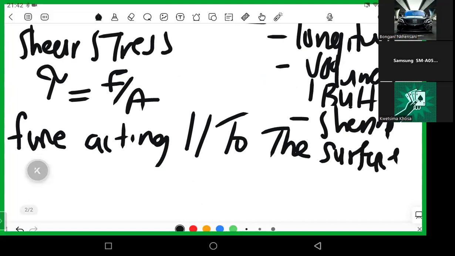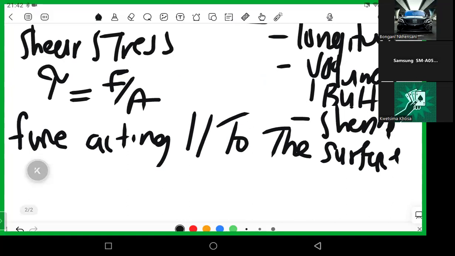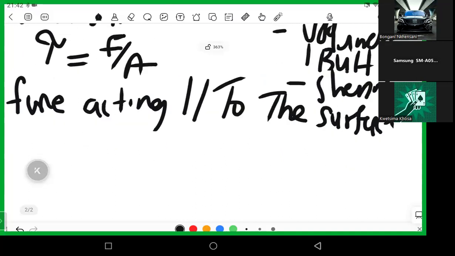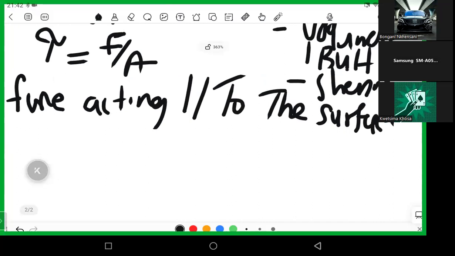And then we've got shear strain. This one we're checking the amount of displacement of that object.